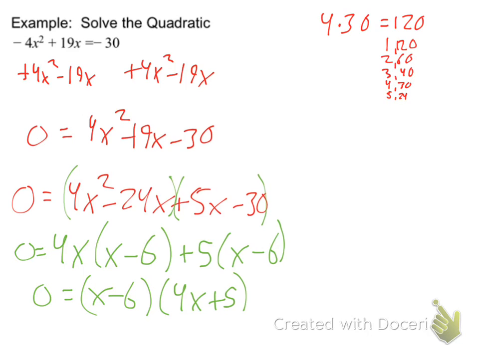And guys, if I told you we were done, I would be lying to you. Because we're not. It doesn't say factor, it says solve. So we're solving by factoring. Guys, we did this problem already too. When you have two things multiplied that equal 0, one or both will equal 0.